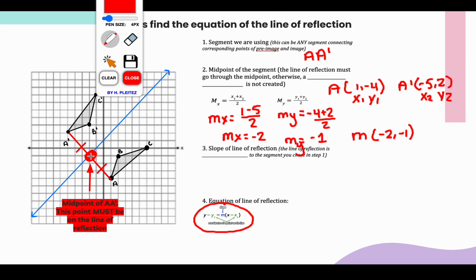So now we need the slope of the line of reflection. This is an important fact that you have to know: the slope of the line of reflection is always going to be perpendicular to whatever segment you chose in the first step here.